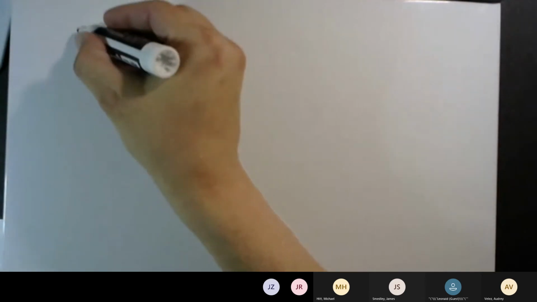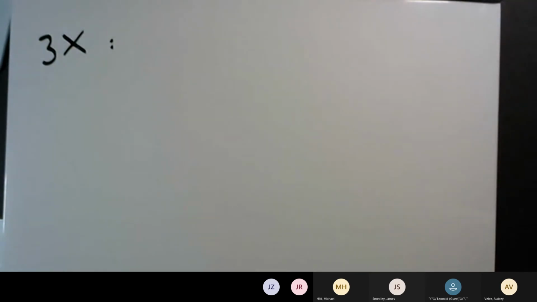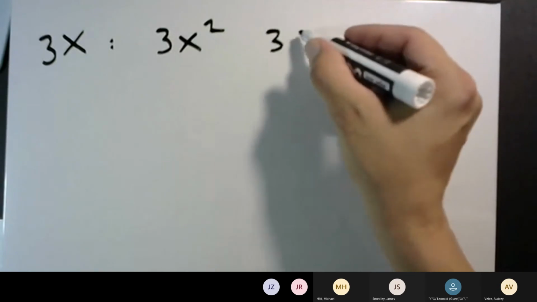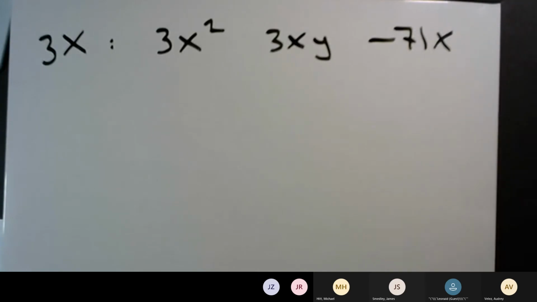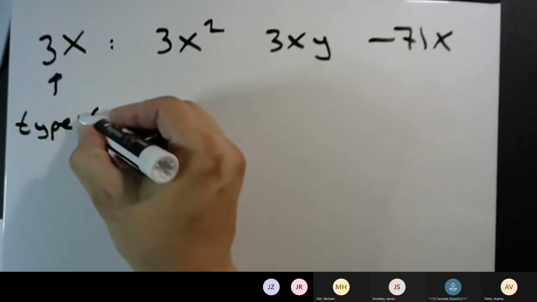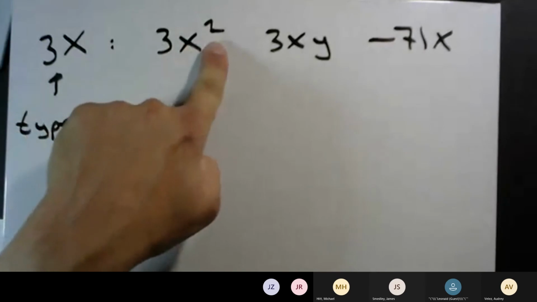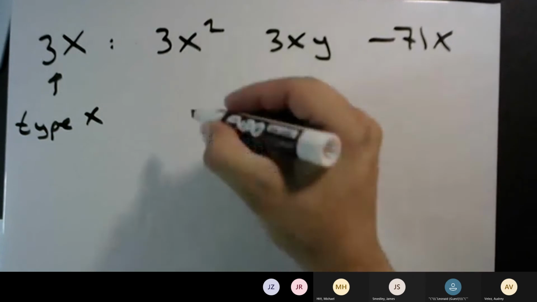So when we talk about like terms, we talked about types of terms. So this would be a type X. And if you're going to say what's a like term for something that's type X, and you had these to choose from, well, this is a type X. And when you determine type, it's the variable and any exponents, and the exponents have to be on the correct variables.